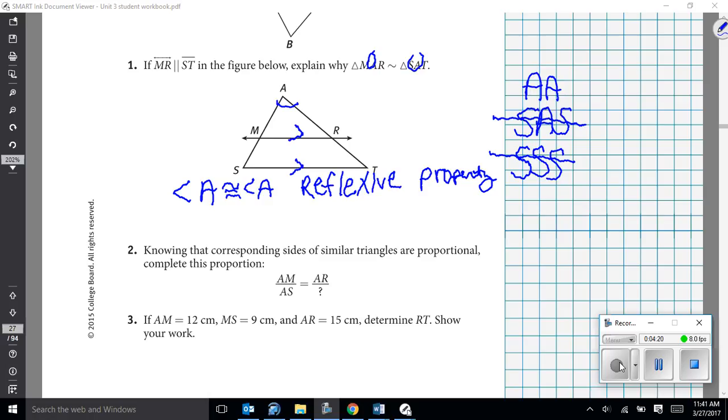But this says angle, angle. So how many angles do we need? 2. So what's another one? Since we have parallel lines cut by a transversal, what can we do? We have corresponding angles. Which one did you choose?